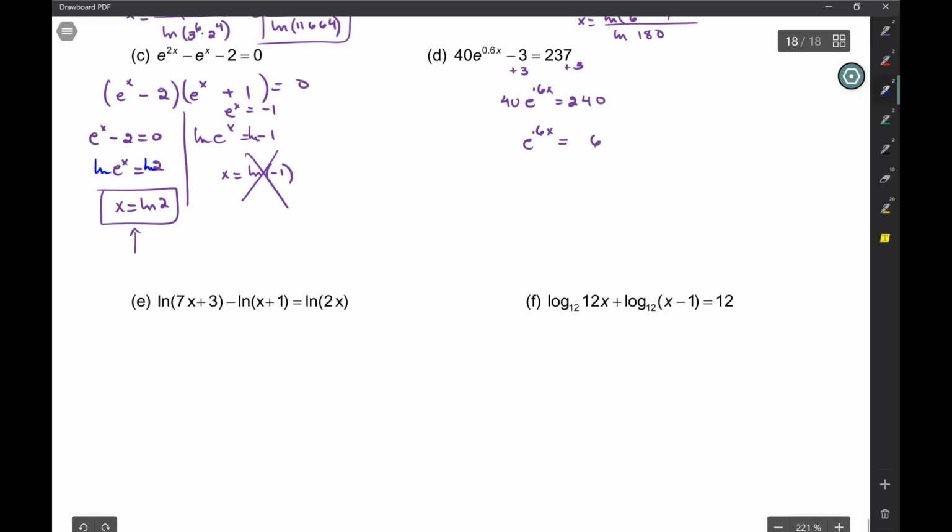Now what do I do? ln. So 0.6x equals ln of 6. Whoa. x equals ln of 6 over 0.6, 2.986.